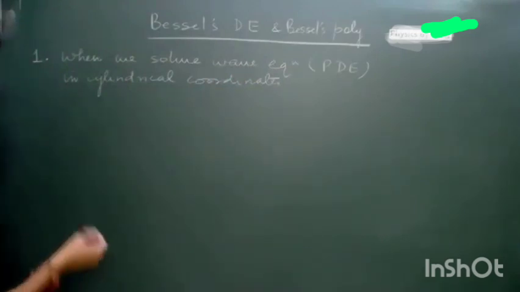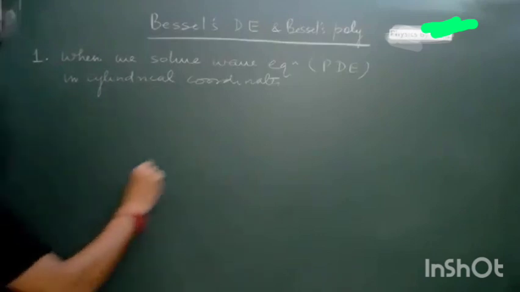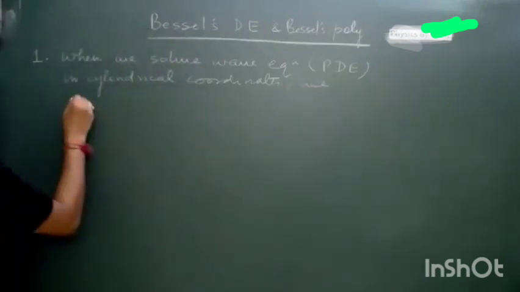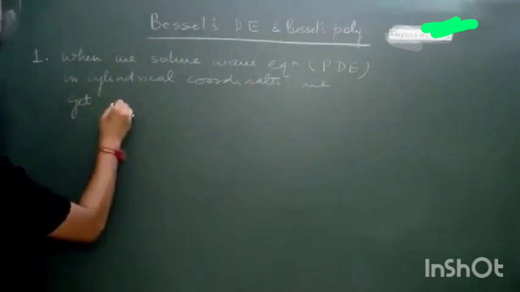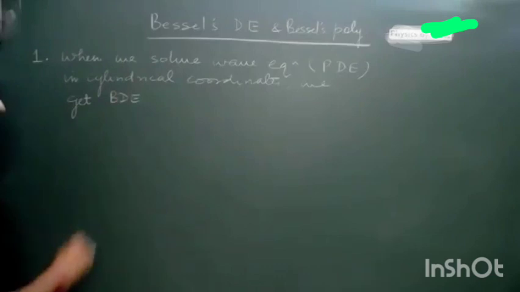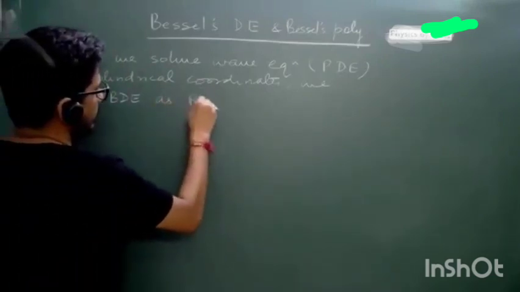For example, suppose a wave is traveling in a nanotube, which is a cylindrical tube. So then what will happen? We get Bessel's differential equation as radial part.